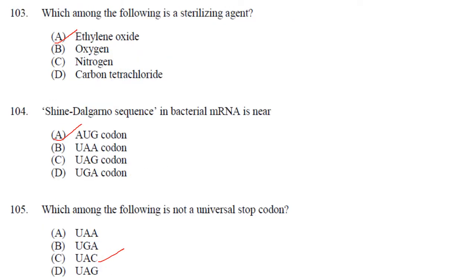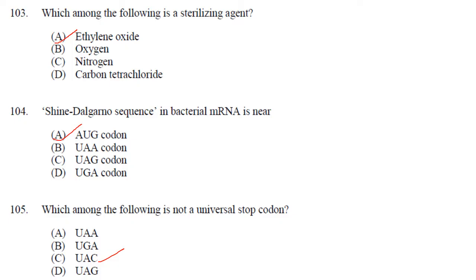Then next one. Which among the following is a sterilizing agent? So it is ethylene oxide. Answer is option A. Then Shine-Dalgarno sequence in bacterial mRNA is near to. So the Shine-Dalgarno sequence is a ribosomal binding site in bacterial mRNA located around 8 bases upstream of the start codon, that is AUG.